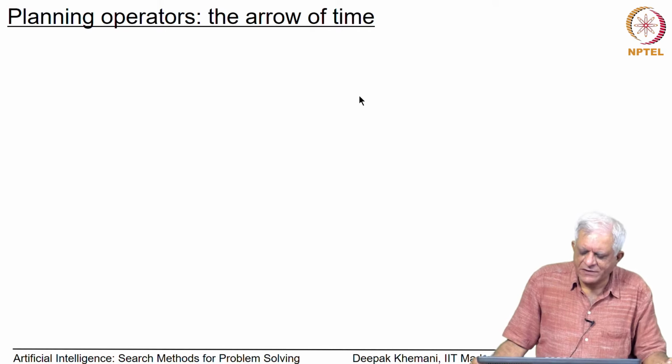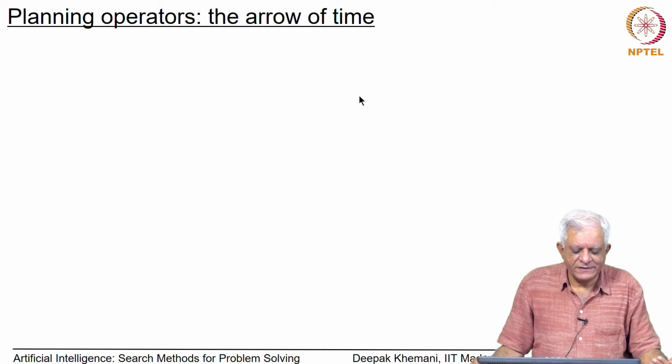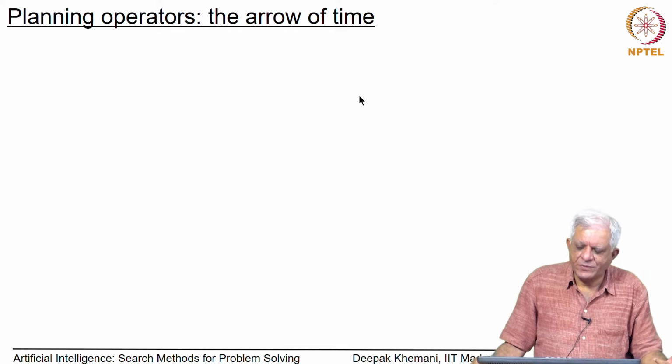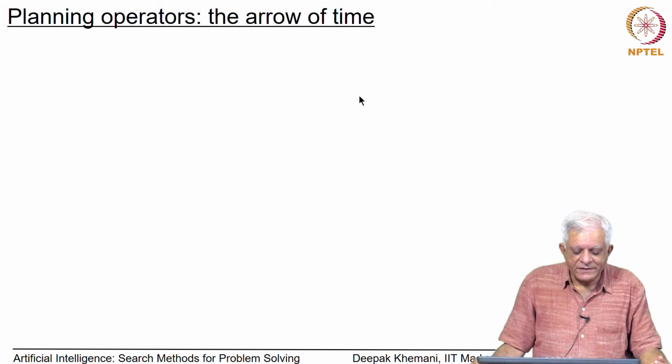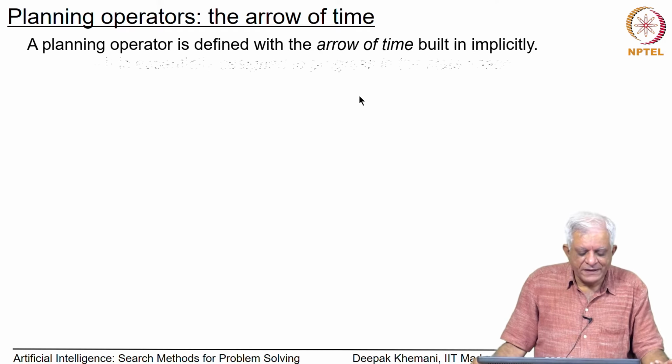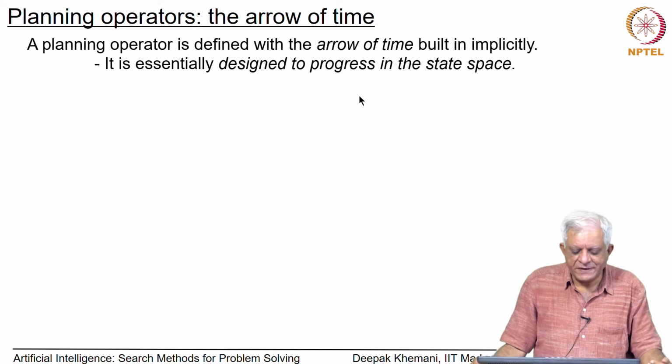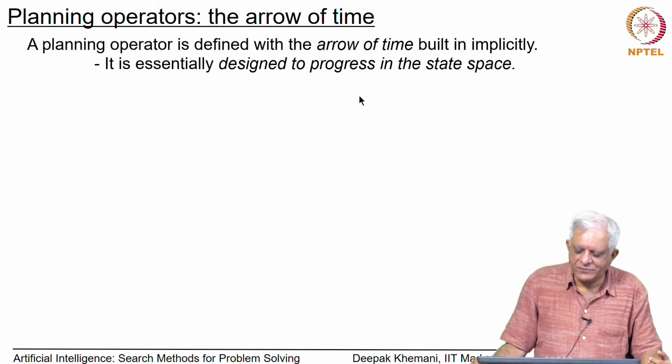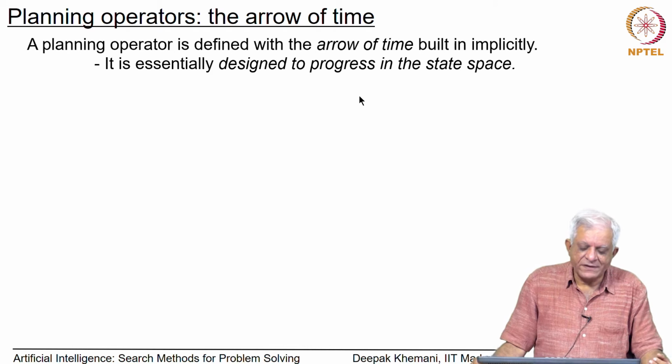One thing we would like to think a little bit about is, why do we get these spurious actions in backward state space planning? The reason for that, if you think a little bit about this, is that a planning operator is defined with the arrow of time kind of built in implicitly. It is essentially designed to progress in the state space.